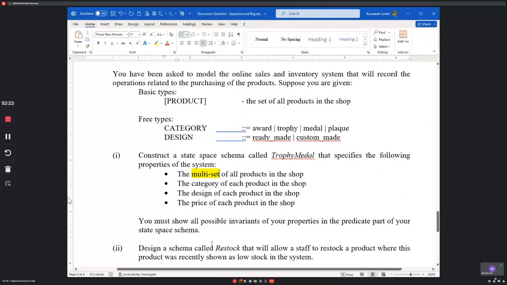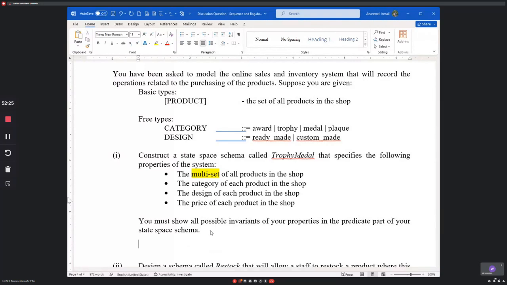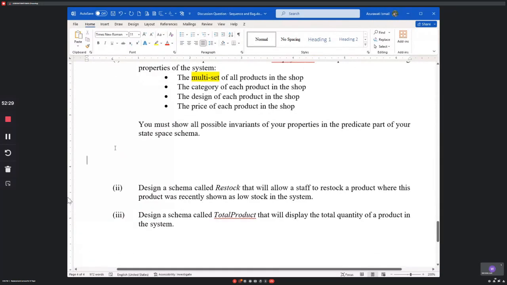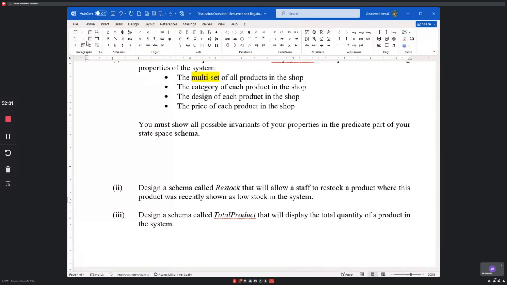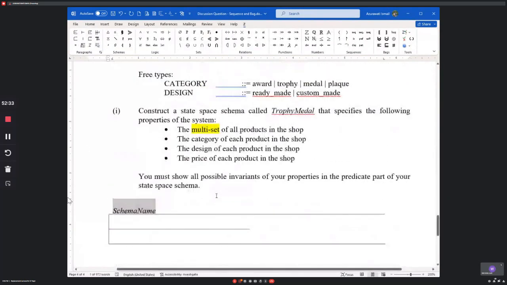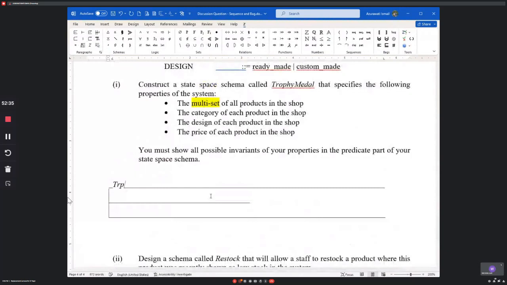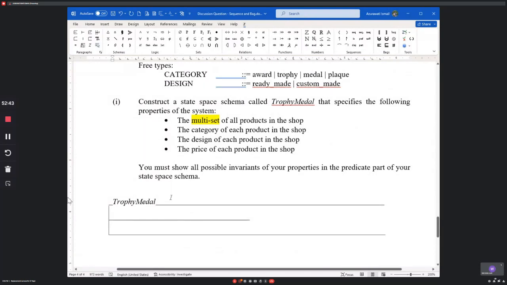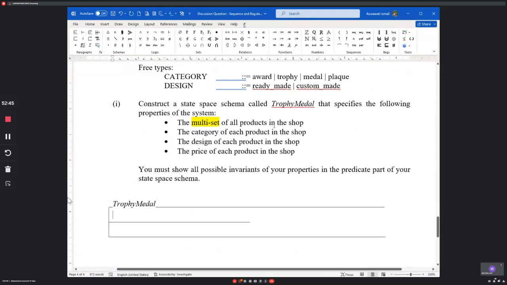When you want to do your state space schema, just put the keyword bag. In this case, it's called trophy medal. You have the multi-set of all products in the shop, so maybe I use product.